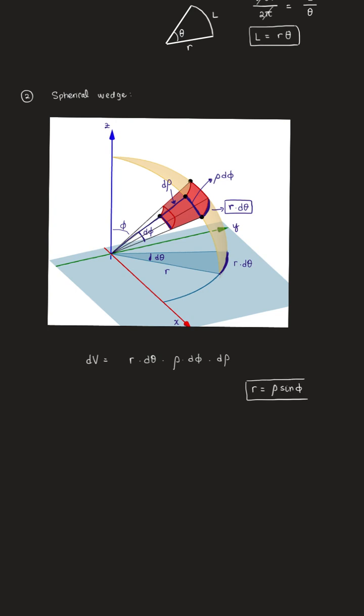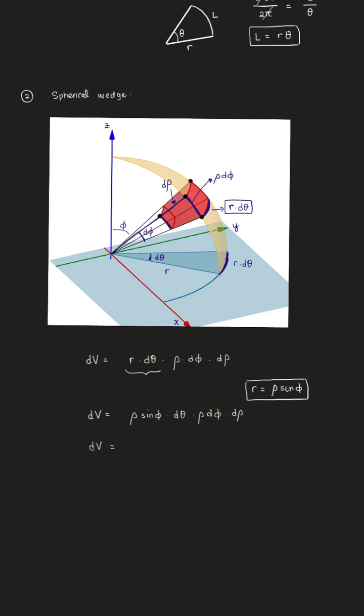But r is rho sine phi. So now we have that our volume element that comes from multiplying the three sides of this little spherical box is going to be rho sine phi times d theta, right? That's this piece, times rho d phi times d rho, little change in the radius.